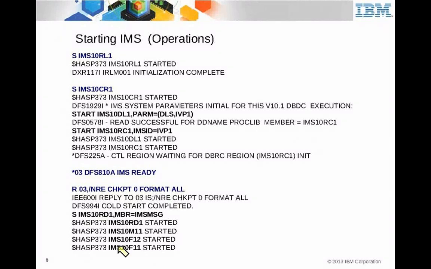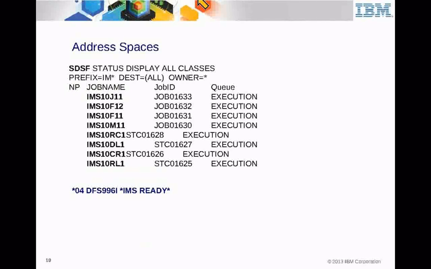What JCL does it start? Well, that depends upon whoever installed it and how they decide to configure it. So in our case, when we started the services and then we did a normal restart, checkpoint 0 format all, all these address spaces are related to that IMS environment.